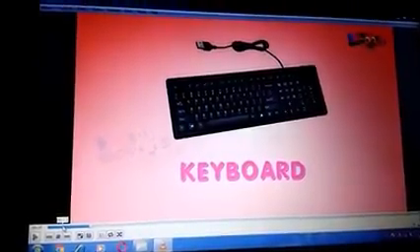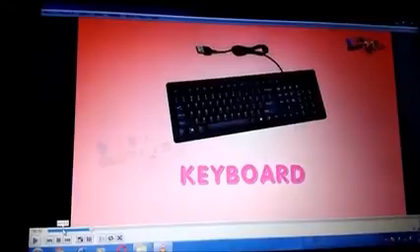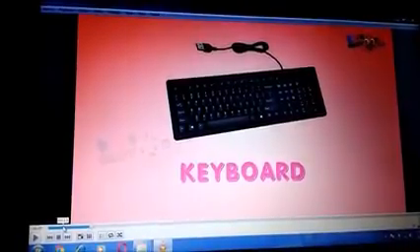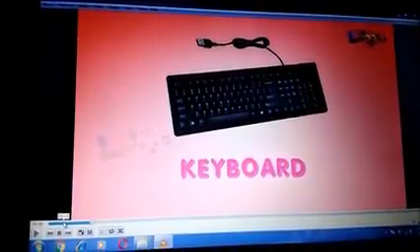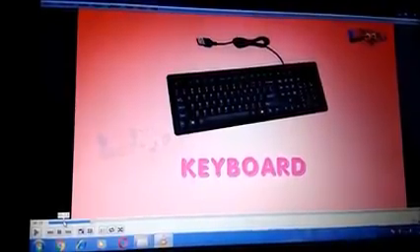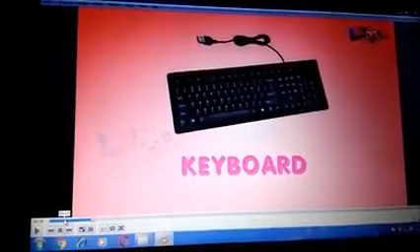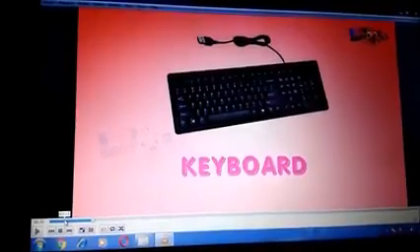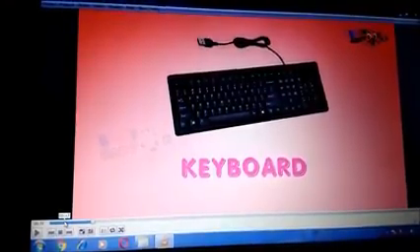The first one, its layout looks like a traditional typewriter. In a traditional typewriter, we normally see the QWERTY keys, the QWERTY format. So it looks like the traditional typewriter.